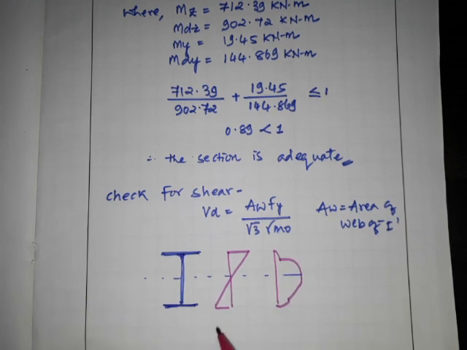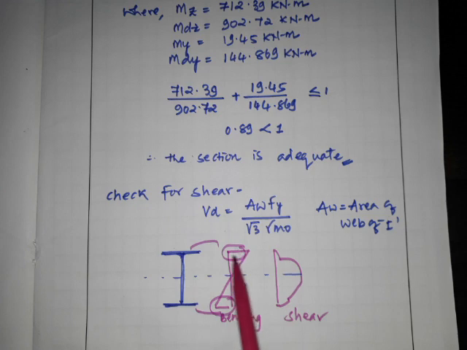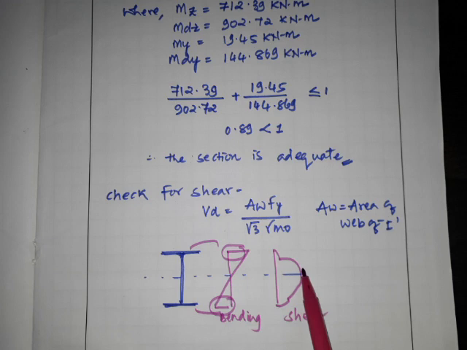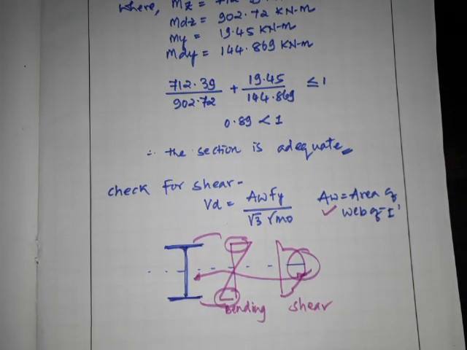Correct? So this is for bending stress, this is for shear. The bending will be taken care of by the flanges, and the maximum shear will be taken care of by the web. So that's why we have to consider the area of web, that is Aw. Okay, understood?